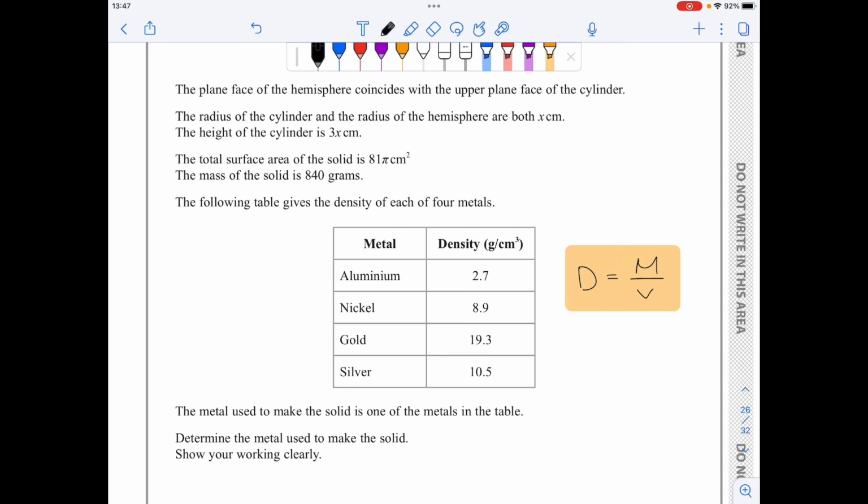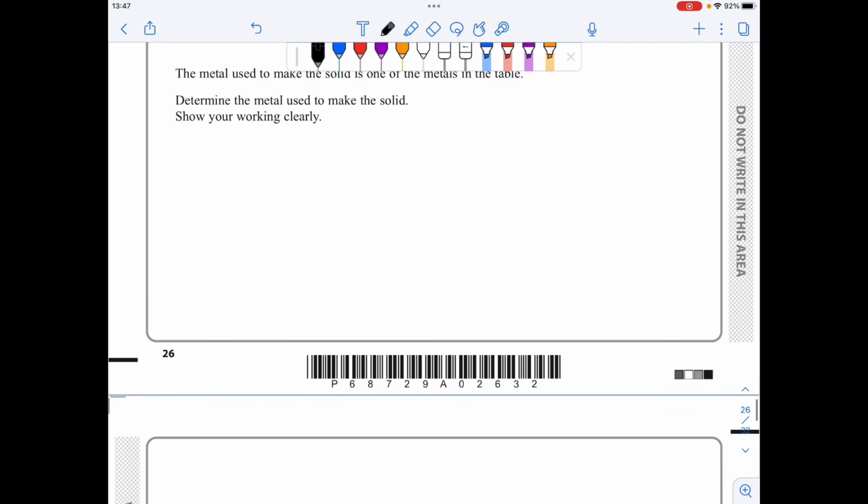So surface area is equal to half a sphere, so 1 over 2 for pi r squared, plus the curved surface area of the cylinder, that's 2 pi r h, plus the circle at the base, that's pi r squared.